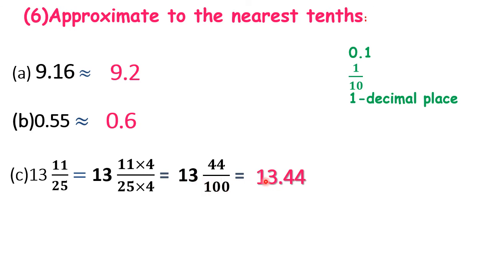Put 13 in the whole number and 44 after two decimal places. Approximate. Put line in 4 and look at the number before. 4, give me 1? No, weak number, poor number, don't give me anything. Okay, so the approximation is 13.4, and another 4, good boy.